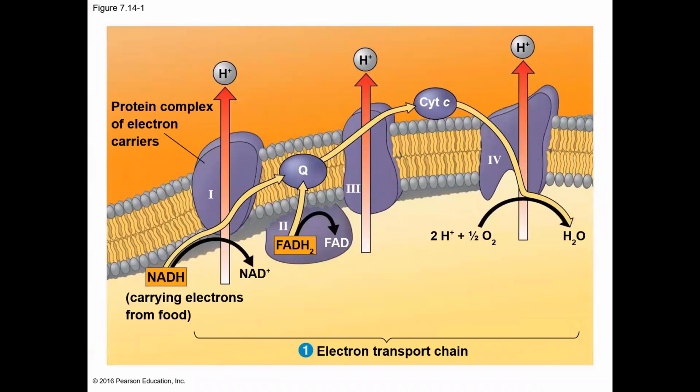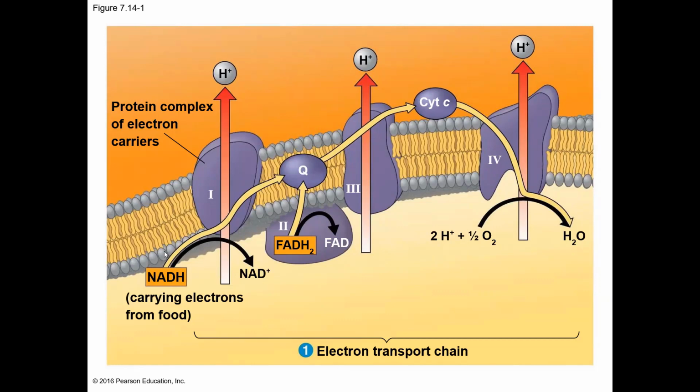So here is our electron transport chain. You can see that the NADH is carrying the electrons. As they get released, this causes a protein complex to change to allow hydrogen ions to flow across from the mitochondrial matrix into the inner membrane space.